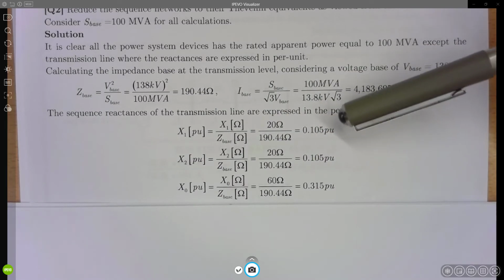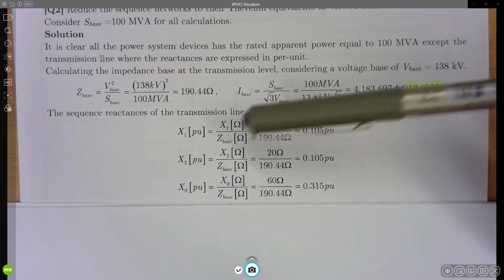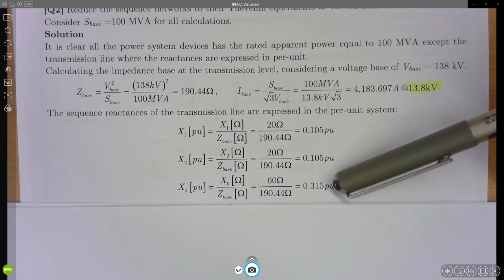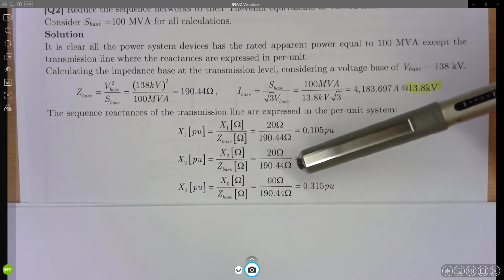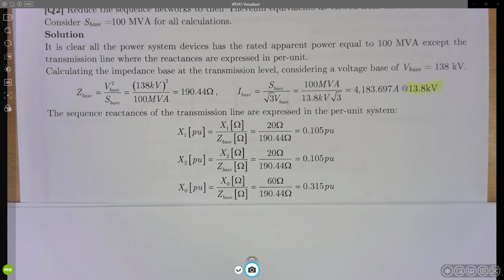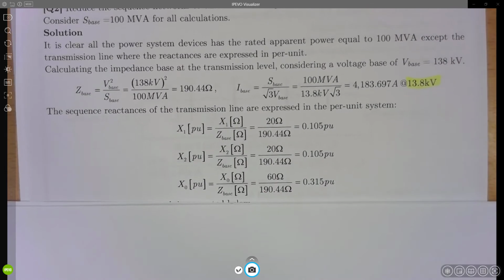When we put the numbers together, positive and negative sequence have the same value, 0.105. The zero sequence is bigger, specifically 3 times, 0.315. Right now we have all the reactances of the transmission line expressed on the same base in per unit, 100 MVA and 138 kV.